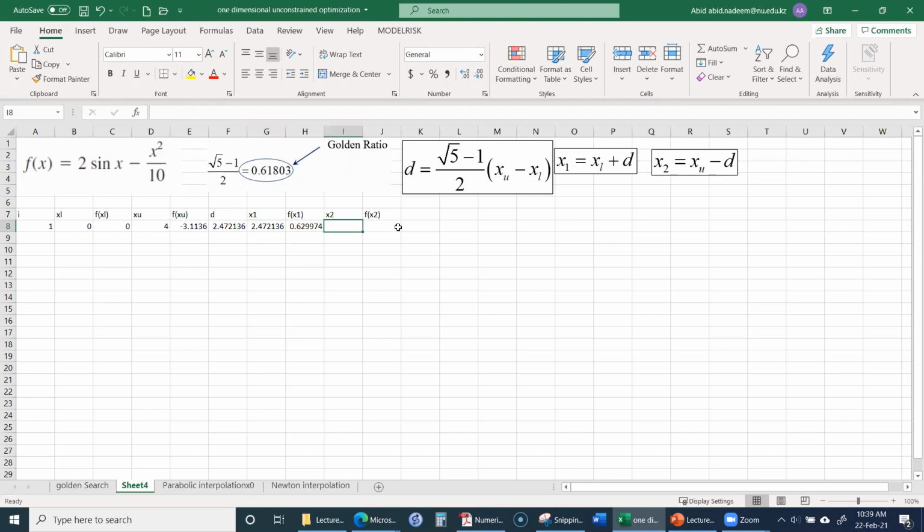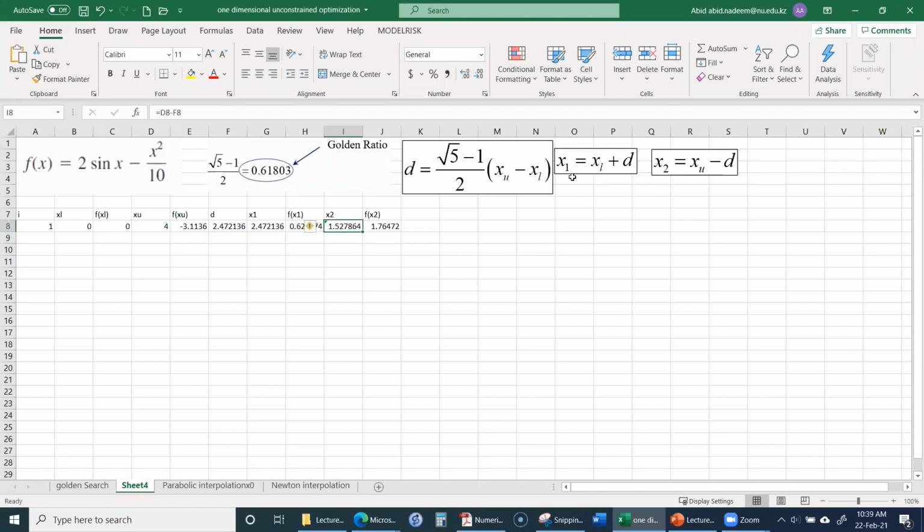And now X2 is equal to this value minus D. Is it correct? No. X2 is equal to XU minus D. Okay.